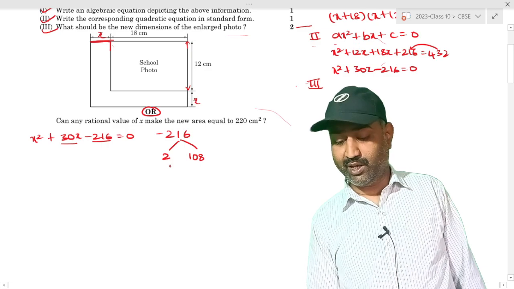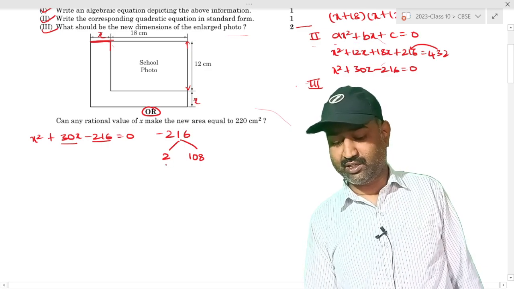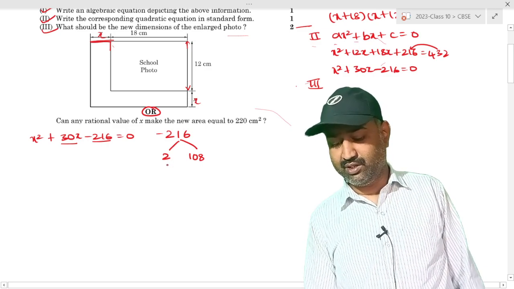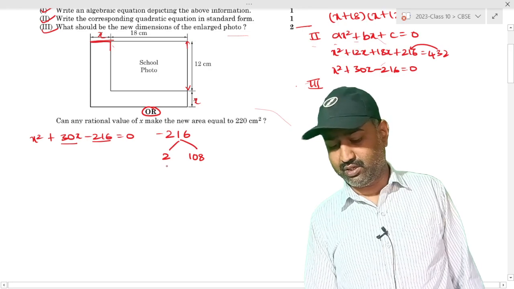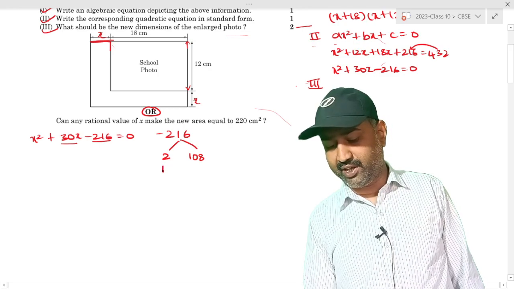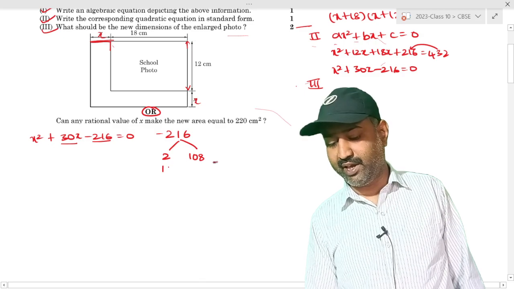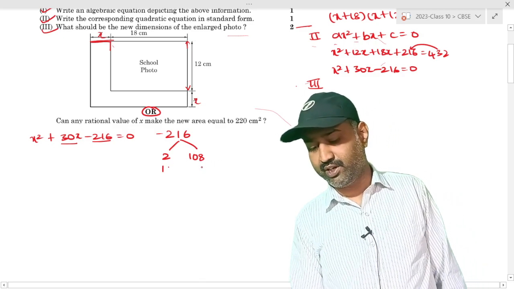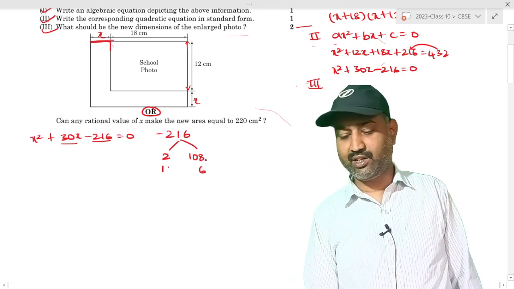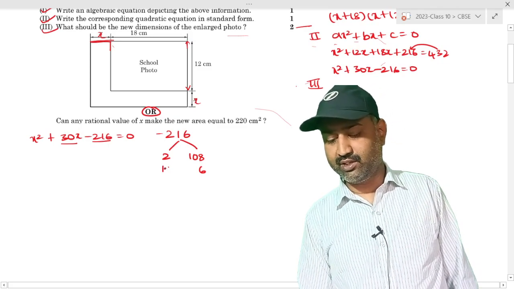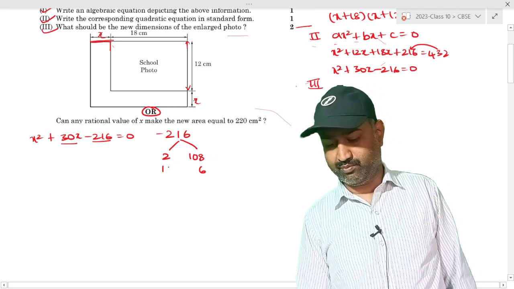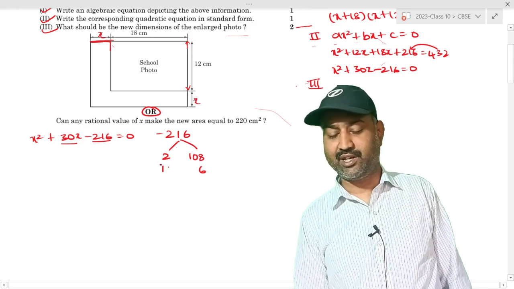Therefore, I'll multiply with something like a bigger number, maybe 18 here. If I multiply 18 6s are 108, right? Therefore, 18 2s are 36. If I divide here, I should multiply by 18 here, right?